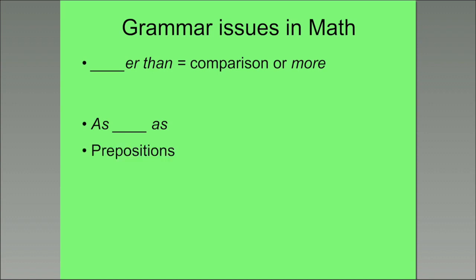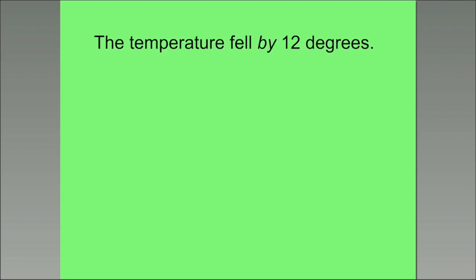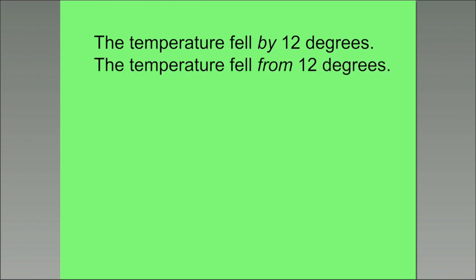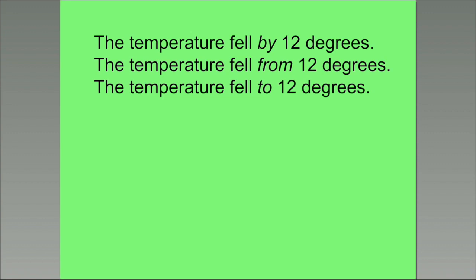Prepositions are also a difficulty for English language learners. Let's look at how just one preposition can completely change the understanding of these statements. The temperature fell by 12 degrees. So we have a vision of what that is. The temperature fell from 12 degrees, totally different meaning. And finally, the temperature fell to 12 degrees.